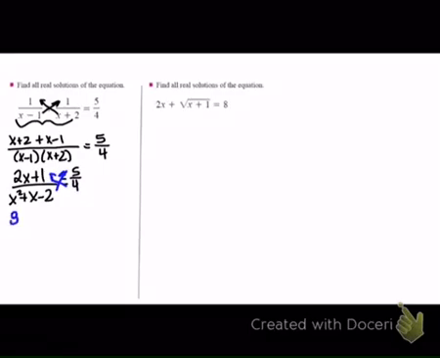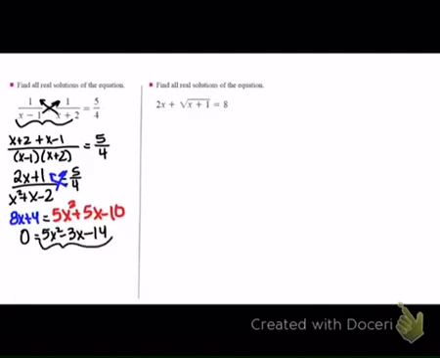We're going to get 8x plus 4 is equal to the other side, which is going to be your 5x squared plus 5x minus 10. Bringing everything over, 5x squared minus 3x minus 14. How do we solve this one out? Quadratic or factoring, you're going to get two values, x is whatever equal to something.